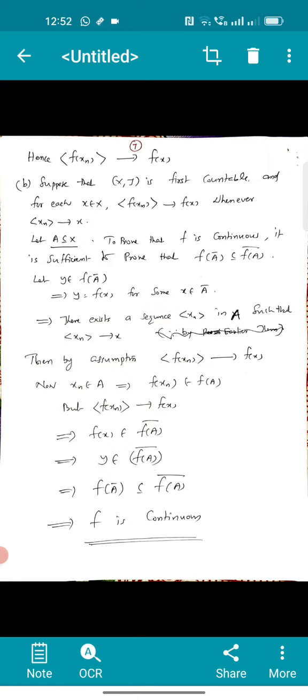Now, xn is an element of A. This implies f(xn) is an element of f(A), but the sequence f(xn) converges to f(x). This implies f(x) is an element of closure of f(A). That is, y is an element of closure of f(A). This implies f(closure of A) is a subset or equal to closure of f(A). It shows that f is continuous.